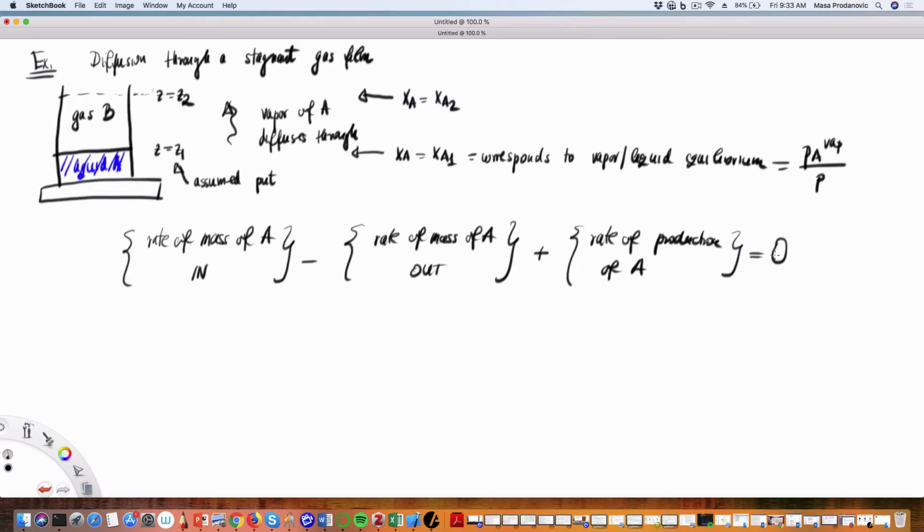So if I take my S as my cross-sectional area into this plane that I don't see, then if I have Z somewhere here, and then Z plus delta Z, what's coming in at Z is the Z component of NA evaluated at Z times the surface area, right? So I have S NAZ evaluated at Z.